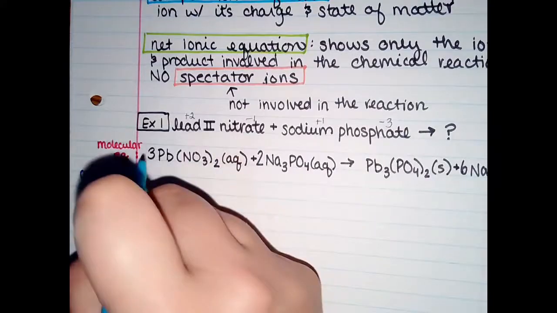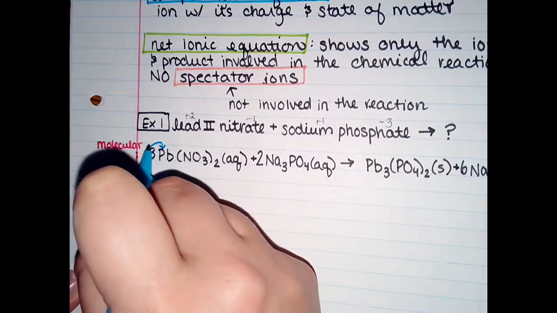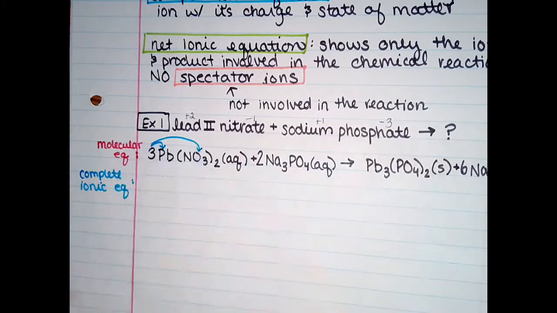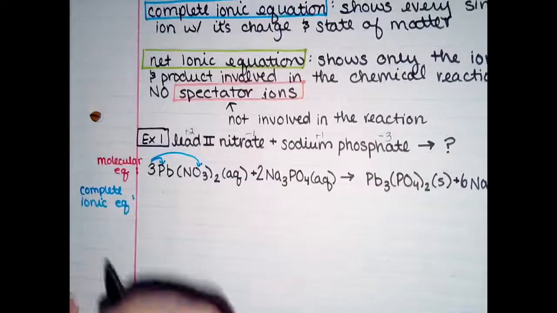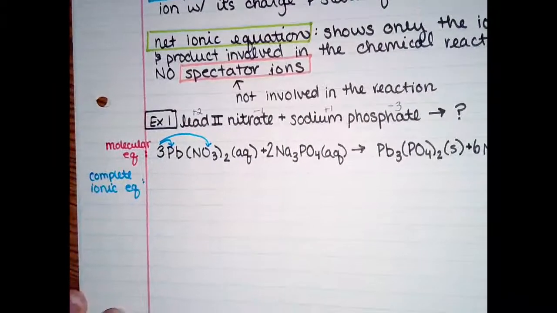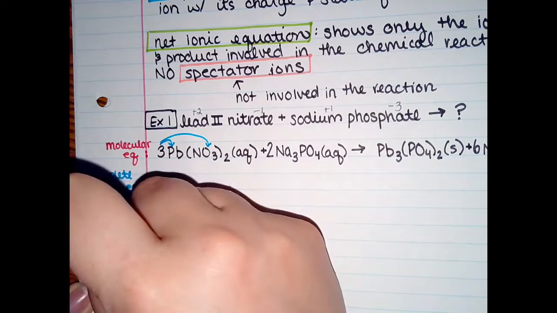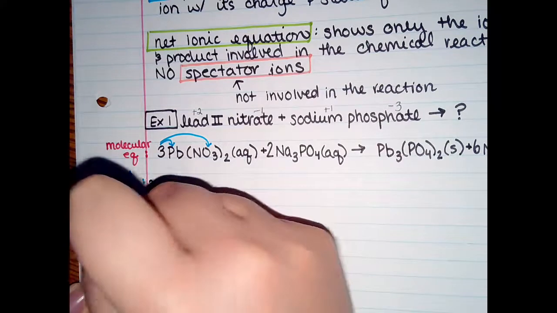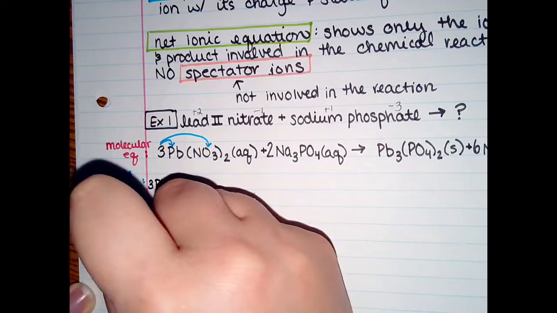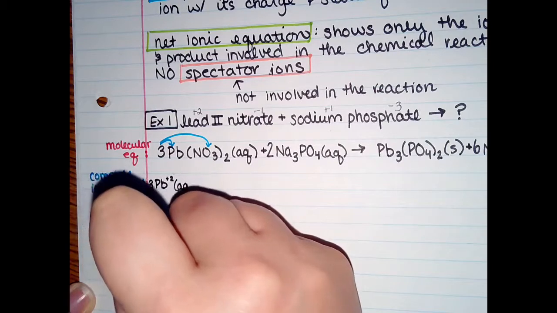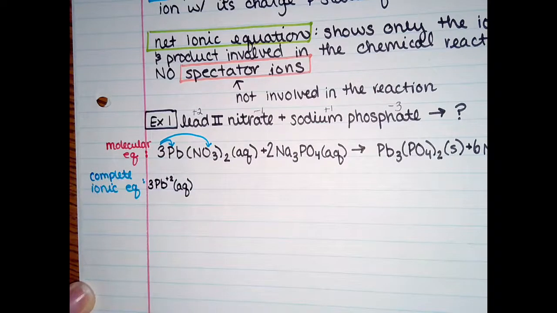So when you do the complete ionic equation, we are showing the ratio and how they're floating around as ions. This 3 applies here, but we also know it applies over here. So the first ion, I'm going to note and write teeny tiny. This is going to take us all the way across the page, and I'd like to keep it on one line. We have 3 Pb, and each of them have a charge of +2, and those are dissolved in an aqueous solution.